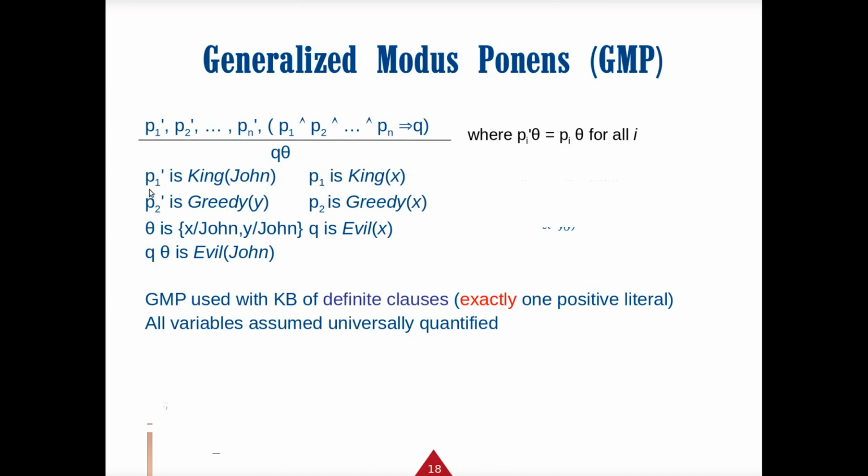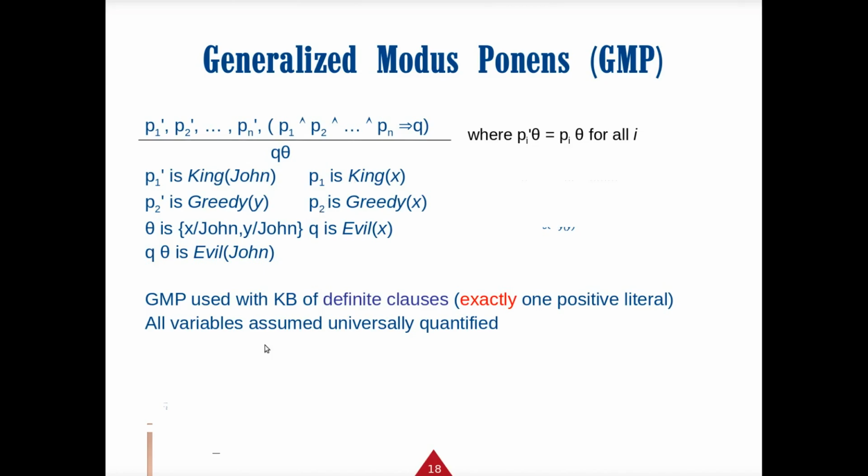And so in this case, if we have P1 prime is King John, P1 is the king of Y, P2 prime is greedy, P2 is greedy, then theta is, in this case, X is John, Y is John, and then Q is evil. Then basically the sentence would go, Q theta is evil John, because we know these are the same people.